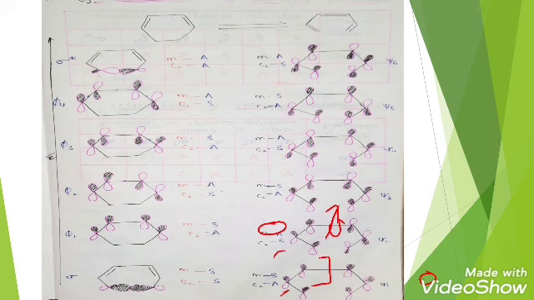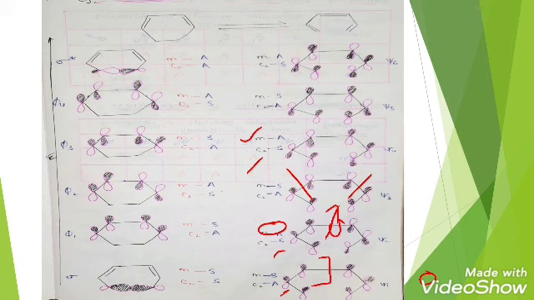And the psi 3 orbital, which has 2 nodes, is symmetric with respect to the mirror plane but antisymmetric with respect to the C2 axis. And the psi 4 orbital with 3 nodes is antisymmetric with respect to the mirror plane, symmetric with respect to the C2 axis.